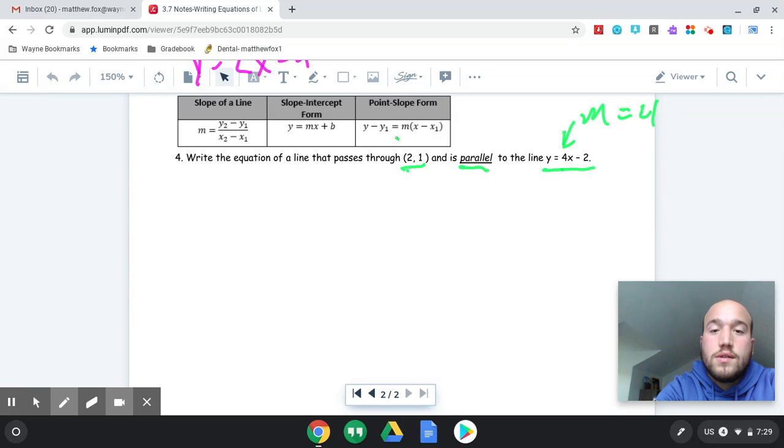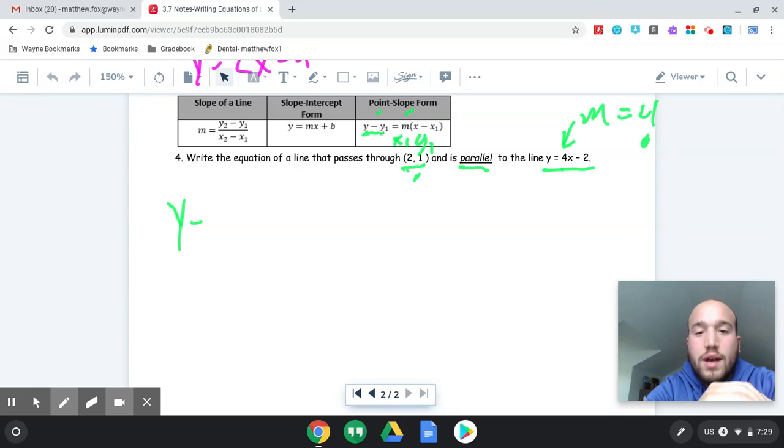Now 2 is our x1, 1 is our y1. So now let's go ahead and plug it in. We have a point right here and a slope over here. So point-slope, that's what it's named for. Now we can plug it in and then isolate y so that it looks like slope-intercept form. So y minus y1, our y1 is 1.